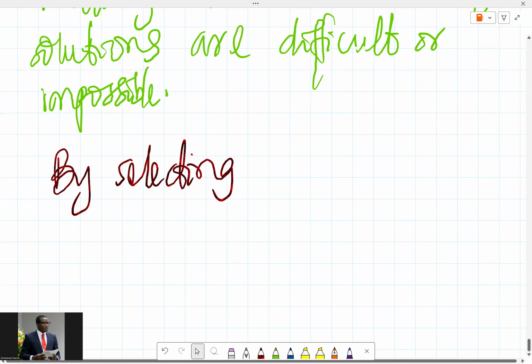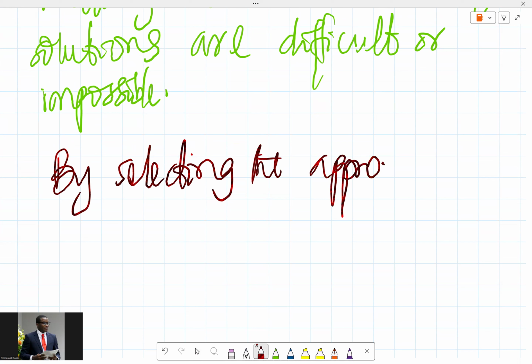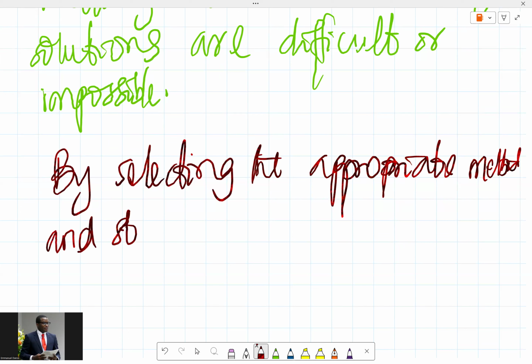So by selecting the appropriate method and step size, method and step size, very important.